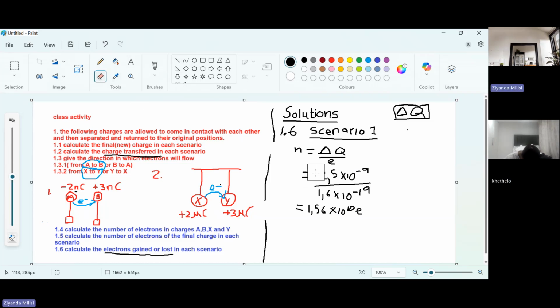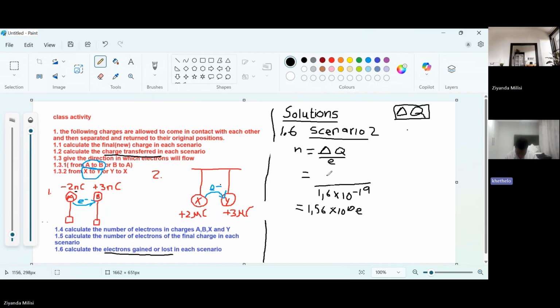Then for the second one, scenario 2, what was the charge transferred, or charge gained or lost?